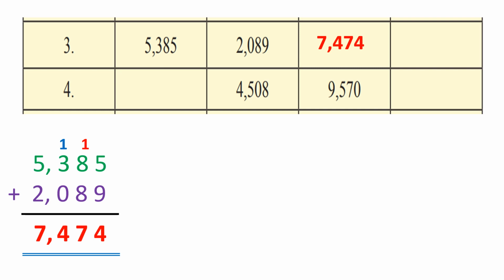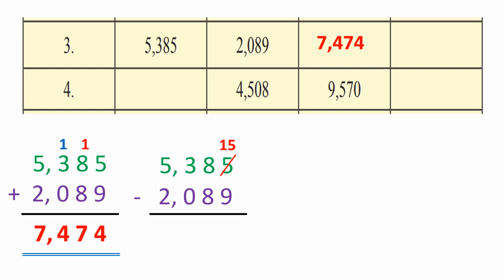Next is the difference. The difference is 5,385 minus 2,089. Okay, you subtract 5 minus 9 cannot be. You borrow from 8. 5 becomes 15. 15 minus 9 is 6. 8 here becomes 7, but 7 minus 8 cannot be.